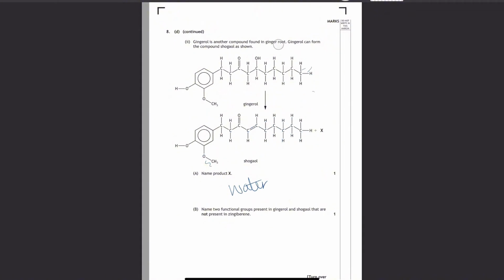And then name 2 functional groups present in gingerol and shogaol that are not present in zingiberene. So functional groups we've got are carbonyls, hydroxyls, a double carbon to carbon bond. There's a hydroxyl there as well, carbonyl here.